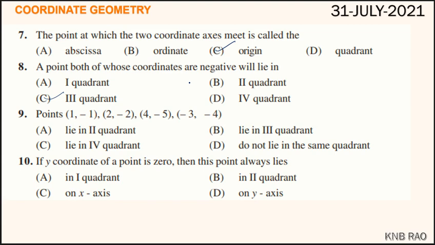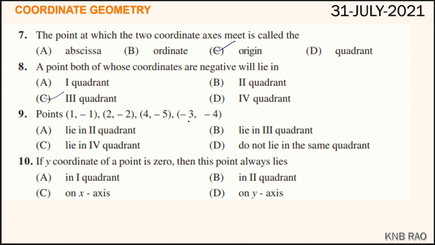Now the points 1 comma minus 1, 2 comma minus 2, 4 comma minus 5, minus 3 comma minus 4. What do you say? Will they lie in the same quadrant? If the first, second and third alone were given, I would say they lie in the same quadrant, the fourth quadrant.